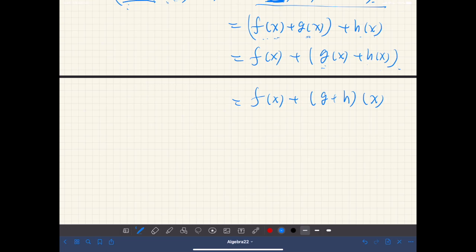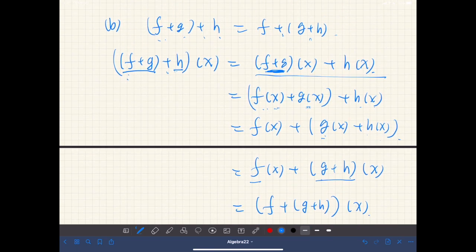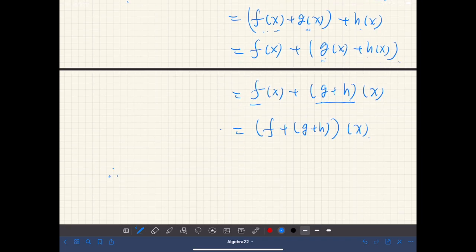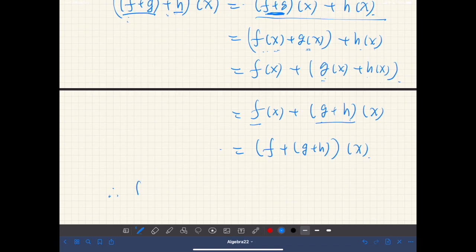And again, we apply the addition of two functions, f and g plus h. So g plus h is another function. Then we have (f plus (g plus h)) of x. So this equation is satisfied for all elements of x. Therefore, we must conclude that (f plus g) plus h is equal to f plus (g plus h).